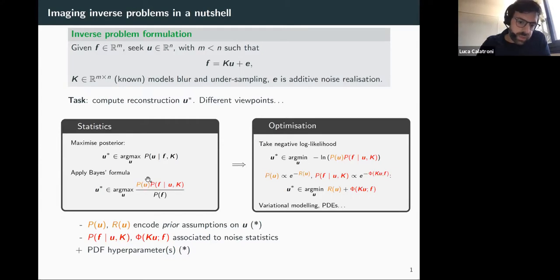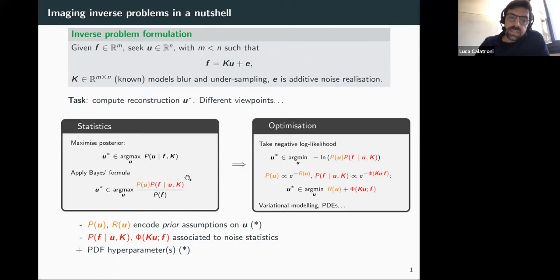The first one, which is color-coded in orange, would be referred to as a prior distribution, which encodes prior beliefs, prior information we're supposed to have on the solution u, whereas the second one, the red one, is the likelihood function, whose form typically describes noise statistics.